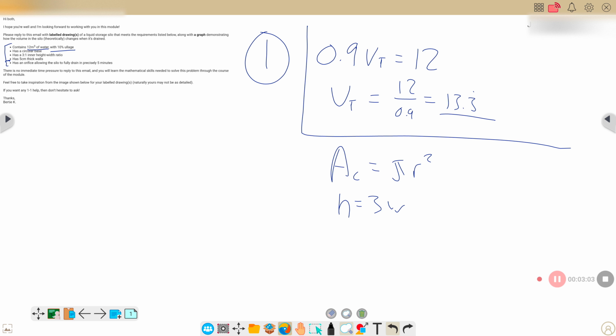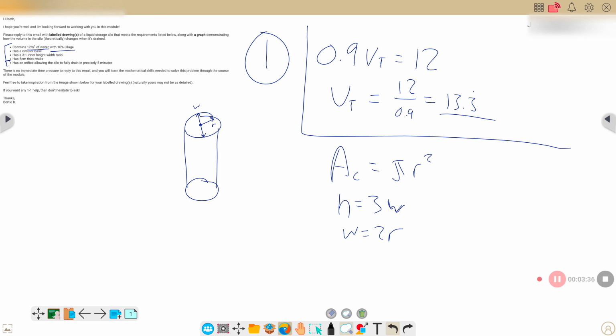And if I'm thinking about a cylinder here, W isn't the radius. The radius would be this length here, right? But W would be the whole width of the silo. So width and diameter are interchangeable here. I can say W is equal to 2R.